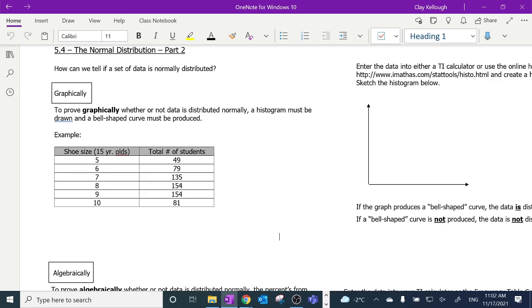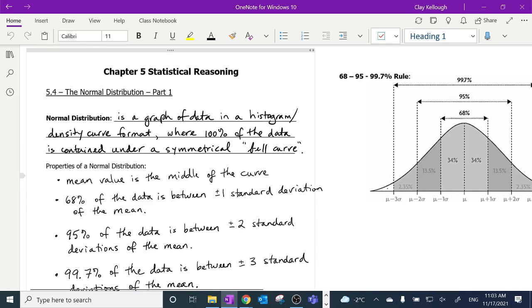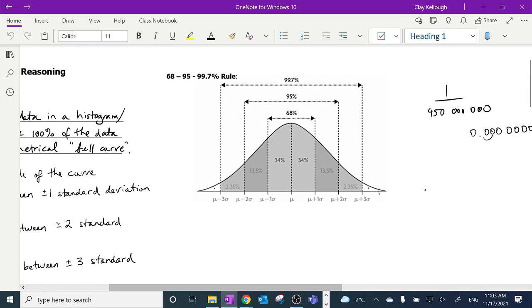Now, it's a little beyond the scope of our course to make density curves, so we're still stuck with histograms. But keep in mind, a histogram that is normally distributed is still going to look pretty much like this. I'll just doodle over it a little bit.